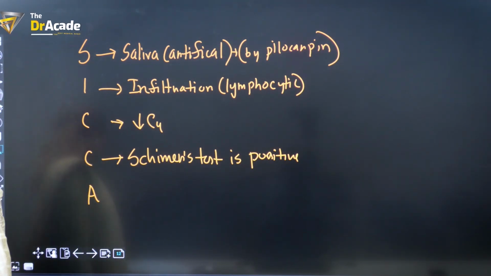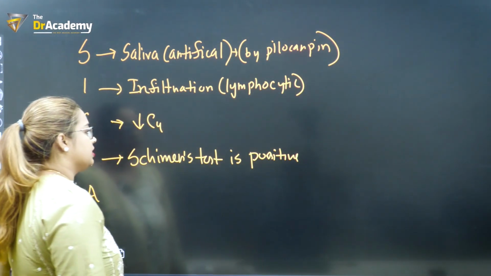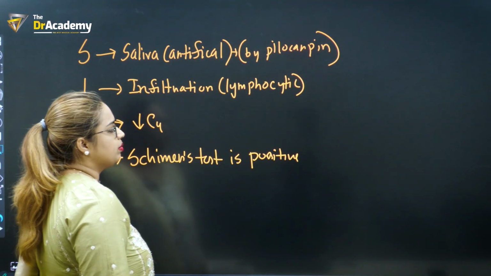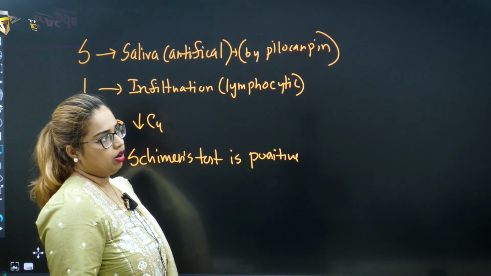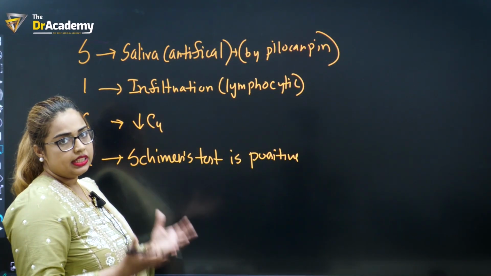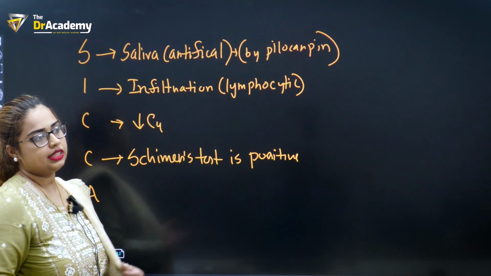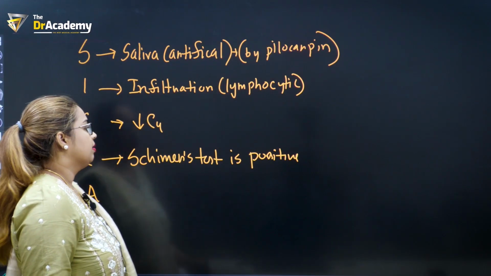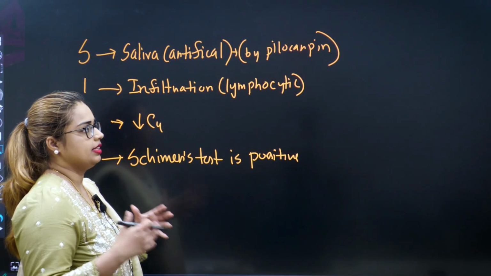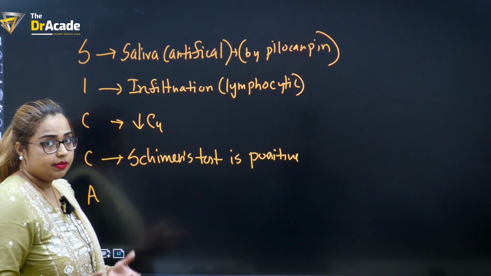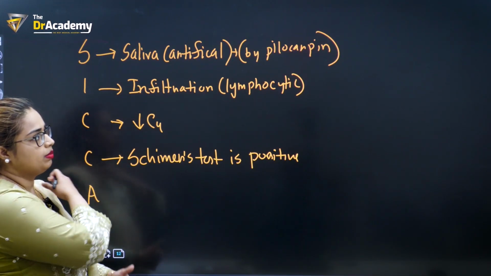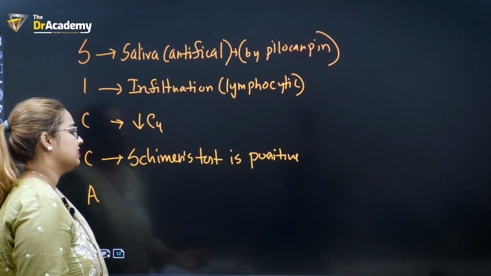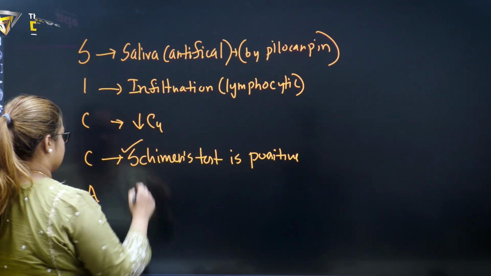Normally there is more than 10 millimeters of wetting of the filter paper in 5 minutes, but in case of Sjogren syndrome there is dryness of the lacrimal gland, that's why there will be no tear. Okay, this is also important, just remember the Schirmer test.